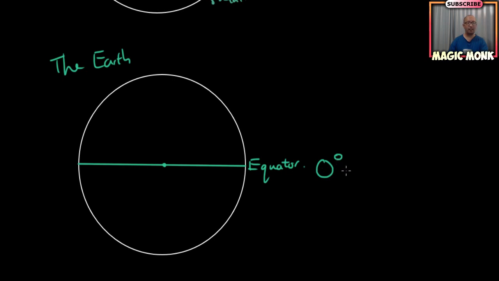We call this 0 degrees latitude. And then these lines will go up in multiples of 10 until we get to 90 degrees.